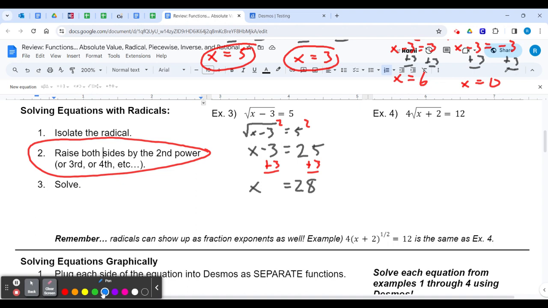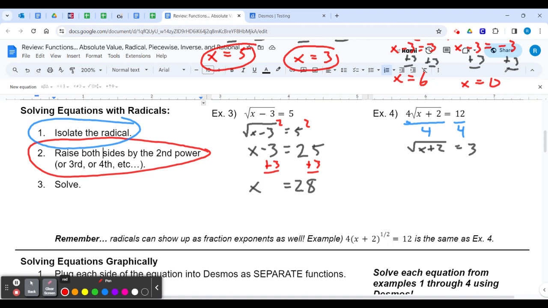Okay, similarly to our absolute values, let's do an example where we have to isolate that radical first in example 4. Again, we're being multiplied by this 4 out in front, so we want to divide by 4 on both sides. We do that, we get the square root of x plus 2 equals 12 divided by 4 is 3.